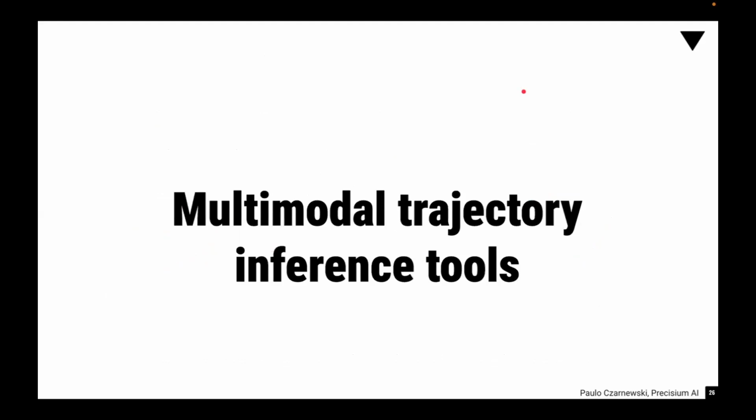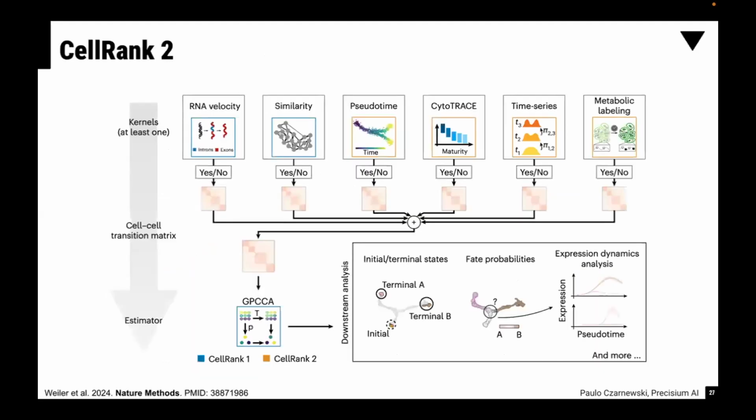If not, then I'll go to just a few hallmarks of other packages that are being developed at the moment. So there is now CellRank 2. Maybe also later we'll give a brief on her experience on that. But basically, what it tries to do is now combine multiple of these types of analysis.